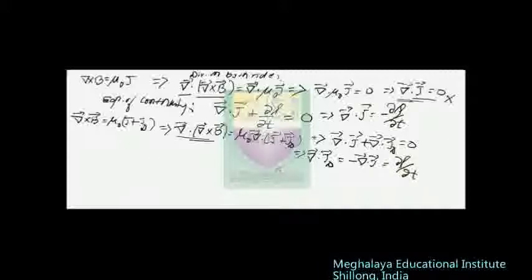Correct? And one more thing we need to know: this rho is actually a function of the electric field. It is written as del bar dot D bar. Please remember, D is nothing but epsilon naught E, so rho is del bar dot D bar. We can modify that a bit more. Del bar dot JD bar is equal to del T of del bar dot D bar.